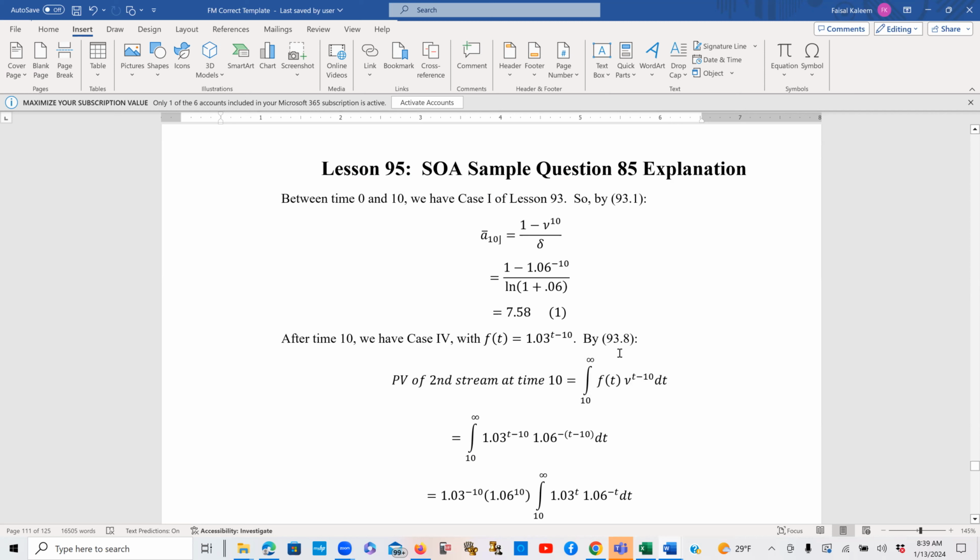And again, you can study lesson 93 again or watch lesson 93 again if needed. And we substitute f of t, which is 1.03 power t minus 10, and nu is 1.06 to the negative 1. And we have the power t minus 10, so it would be negative (t minus 10) in the power.